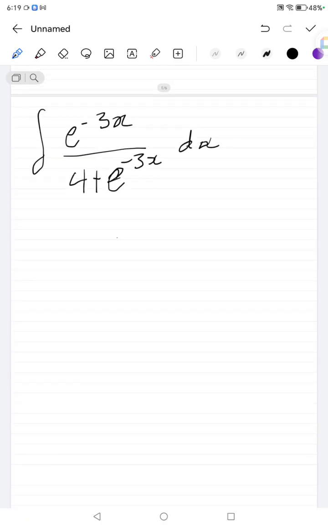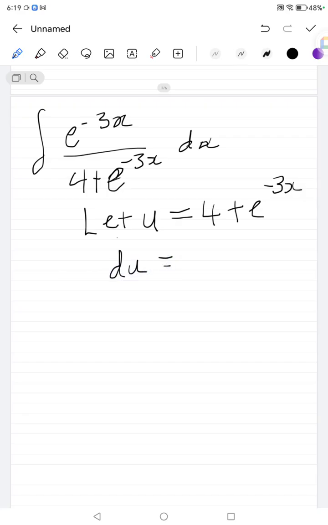So to make it a little bit easier, we're just going to let u be equal to 4 plus e to the exponent minus 3x. Then you know that the derivative of that is going to be minus 3e to the exponent minus 3x dx.